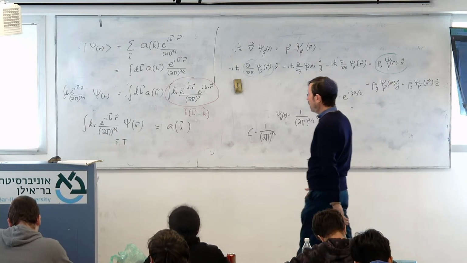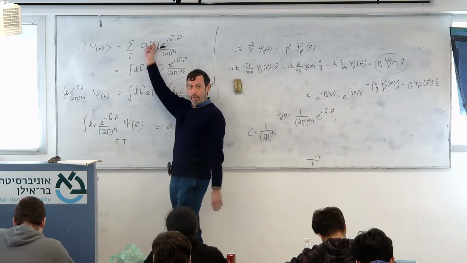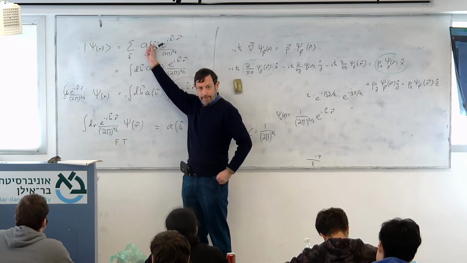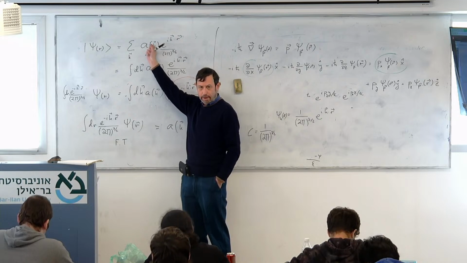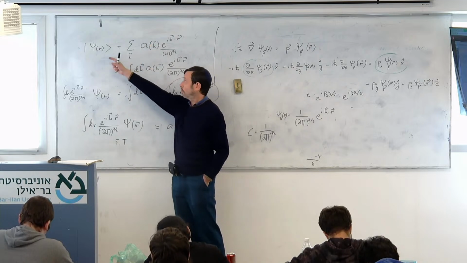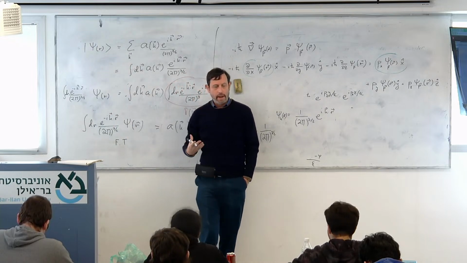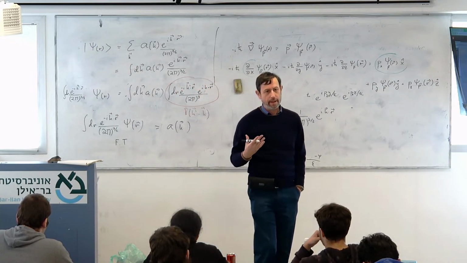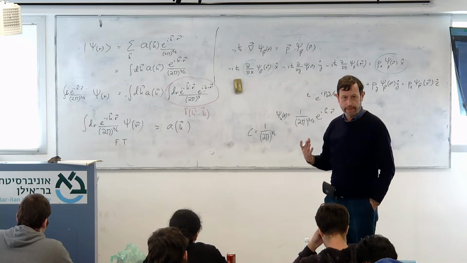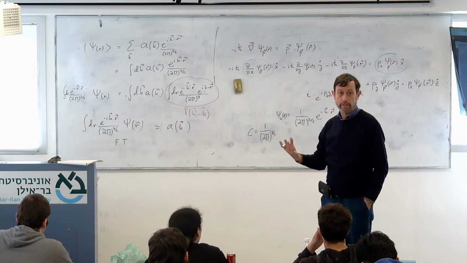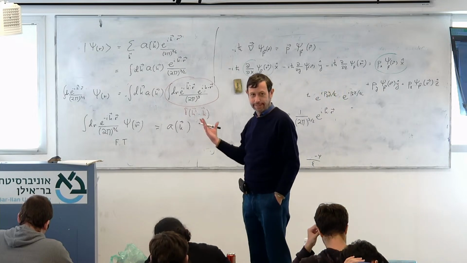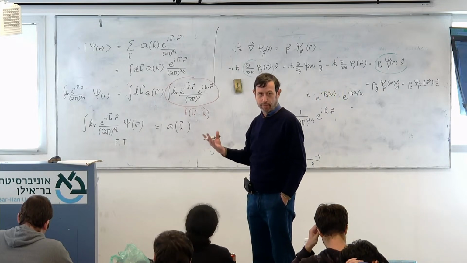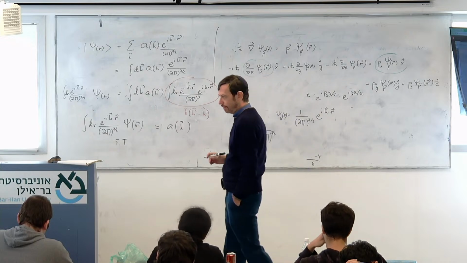Okay, so the answer: I want to know the probability to find a particle described by a particular wave function at momentum k. Fourier transform the wave function, square the amplitudes, and you have the probability of finding it at a given k.